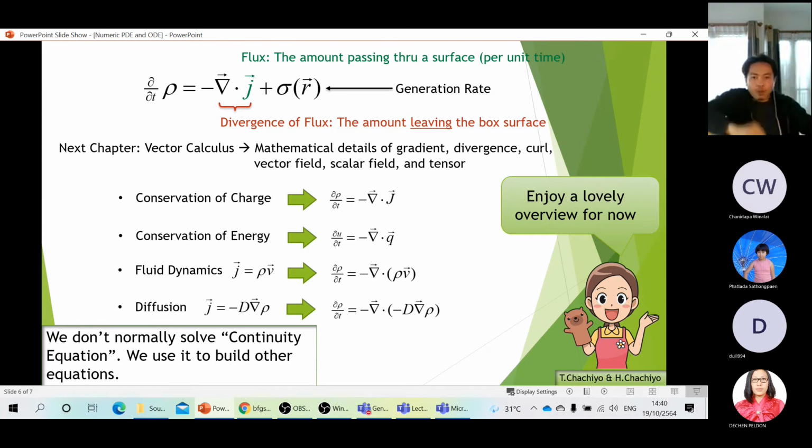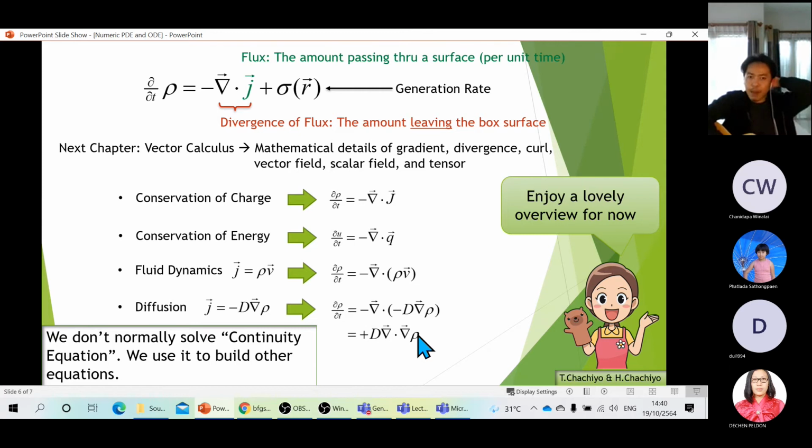Now in mathematics, we can set the current as minus D times the gradient of rho. We plug that into this equation, you get that here, and the minus and minus become a plus, the D comes to the front, and you have this divergence of gradient.